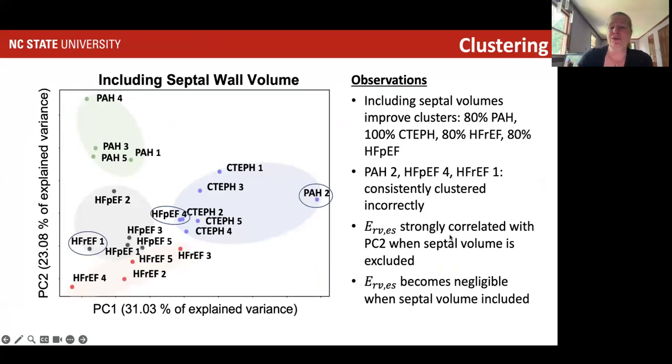In this study, we included data from, I think it was 20 patients. They were separated into 5 different types of patients. We used clustering, and we were very surprised that we were able to identify clusters from each of these patient groups.